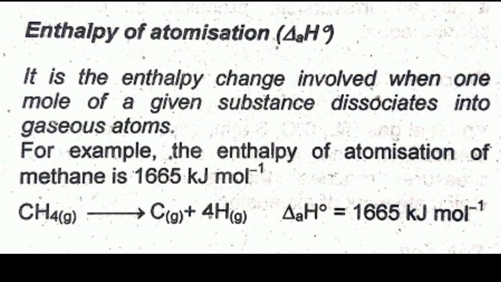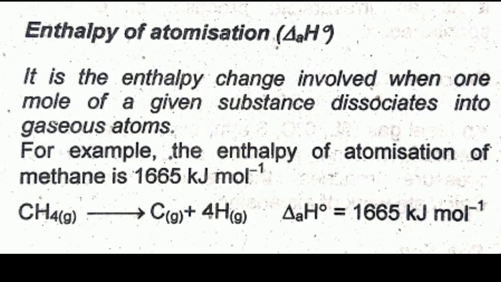It is the enthalpy change involved when 1 mole of a given substance dissociates into gaseous atoms. For example, the enthalpy of atomization of methane is 1665 kilojoule per mole. Equation: CH4 gas gives carbon gas plus 4 hydrogen atoms. So, the CH4 completely dissociates into 1 carbon atom and 4 hydrogen atoms.